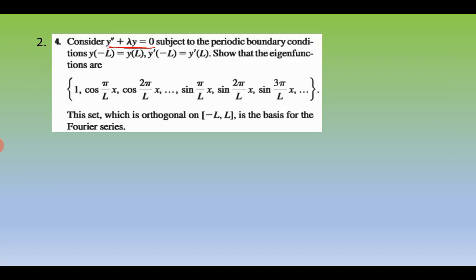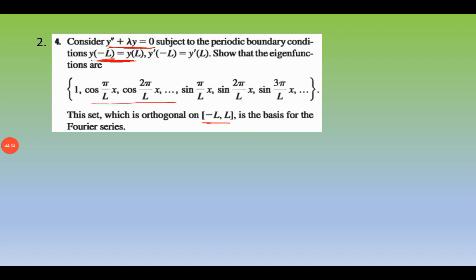We have been given another similar Sturm-Liouville problem, y double dash plus lambda y, subject to the periodic boundary conditions y of minus L is equal to y of L. The limits are minus L and positive L. We have to show that these are the eigenfunctions, and we know this set is orthogonal in the interval minus L to L. We proved it in the previous sessions.